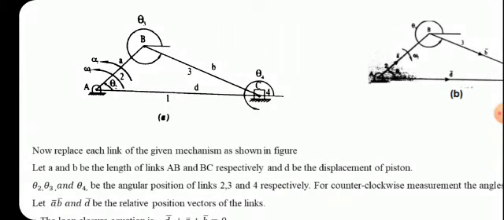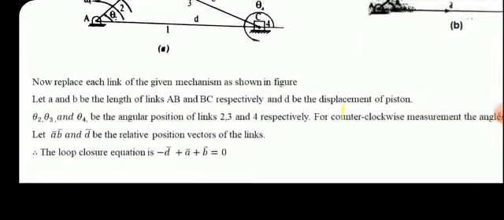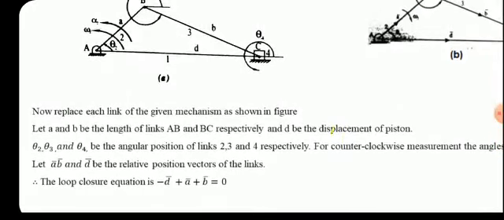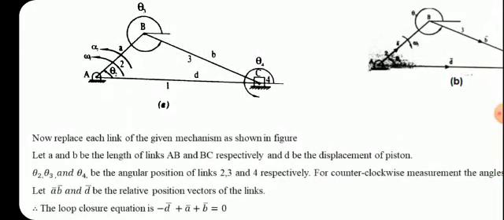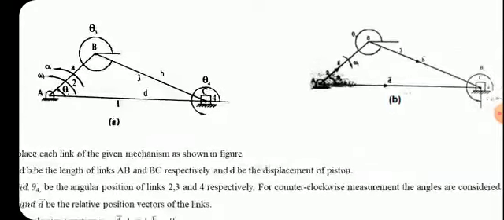A and B be the length of link AB and BC, already you know that. D be the displacement of the piston. AB, A dash, B dash and D dash be the relative position vectors of the links. The loop closure equation is minus D equal to plus A plus B, and D direction is changed, therefore minus direction we can take.